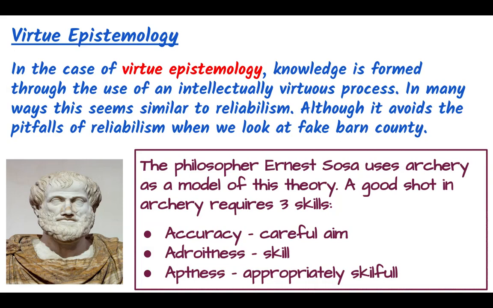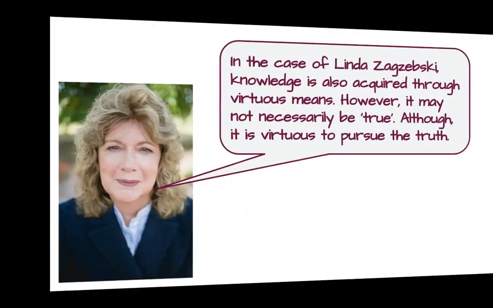Some of those terms seem quite similar to one another, but I hope you get the idea. So when we're using virtue epistemology, if we want to gain knowledge about something, we need to aim for what we're trying to gain knowledge about. We need to use appropriate skill, and then we need to use virtuous skills in trying to gain knowledge.